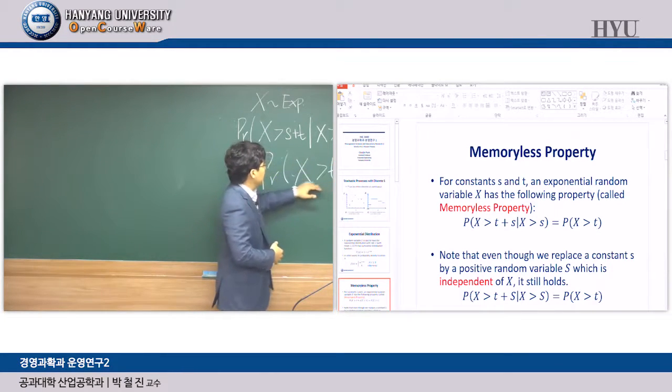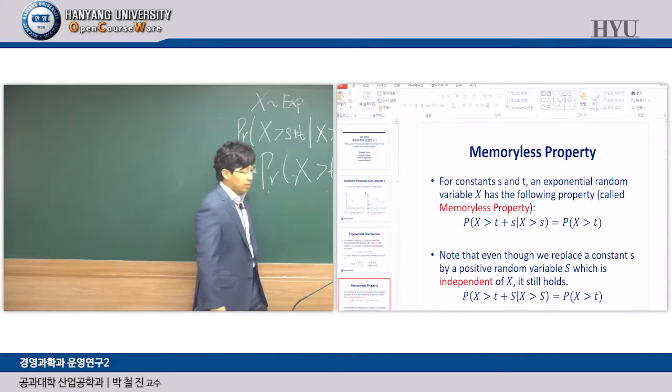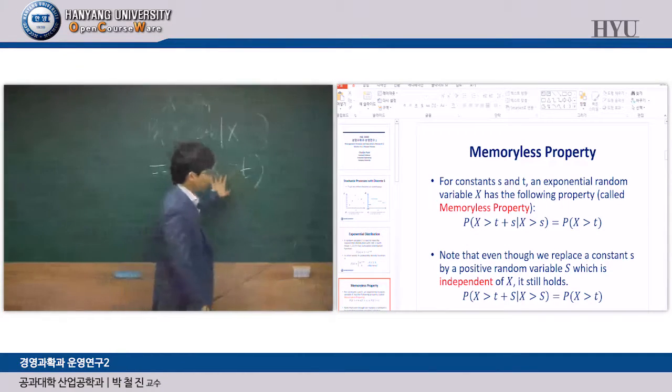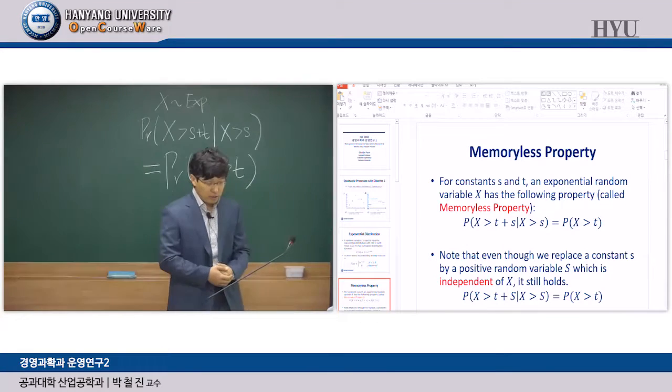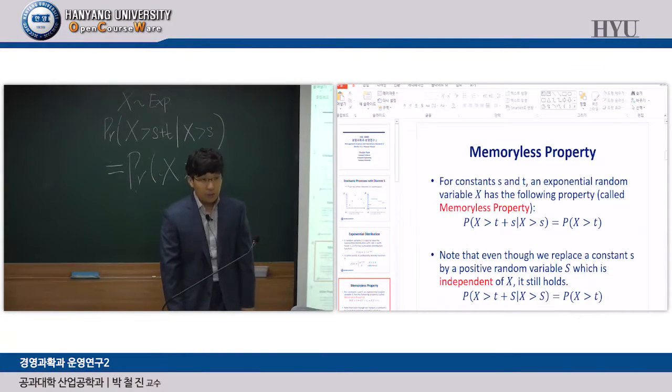Then we can consider this conditional probability as another but same random variable, the probability that X is greater than t. Very important.